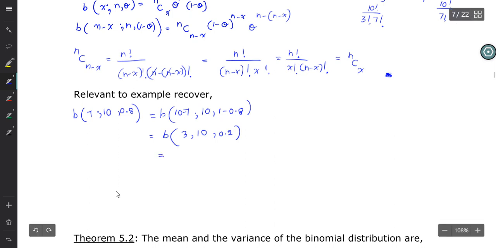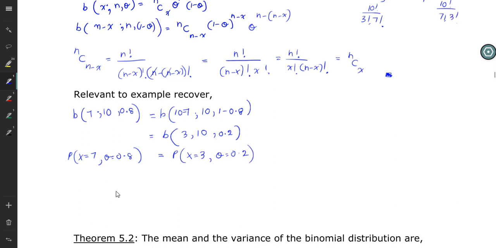So the probability of x equals 7 with theta 0.8 is the same as finding the probability of x equals 3 with theta 0.2. So you get the subtable for n equals 10.